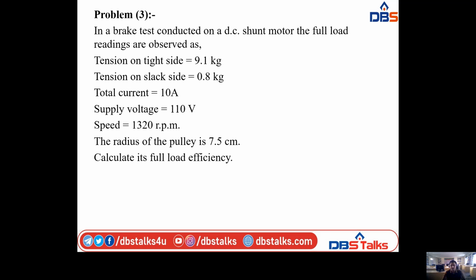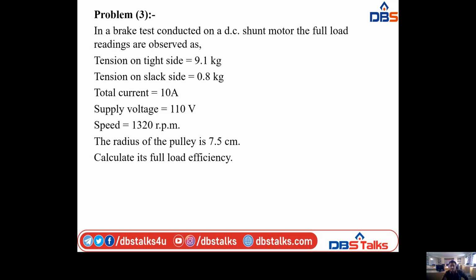And next, up to now we calculated the losses for the motor and generator separately, but in this case we are taking the motor generator set also. So for the motor generator set also we have to calculate the losses, that is the total copper loss for the set.